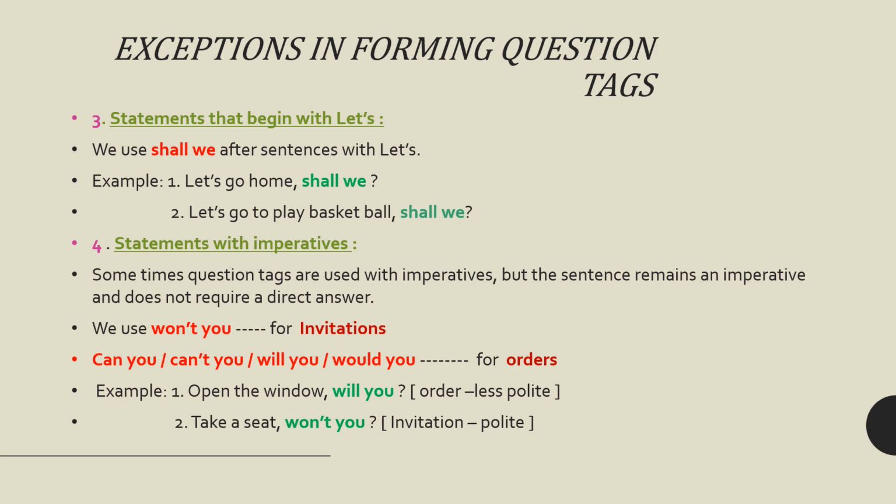It's an order and it is less polite. So the positive question tag "will you" is used. "Take a seat, won't you?" An invitation can be used with a negative question tag. "Take a seat" is an invitation and so we are using a negative question tag, "won't you," in a polite way.